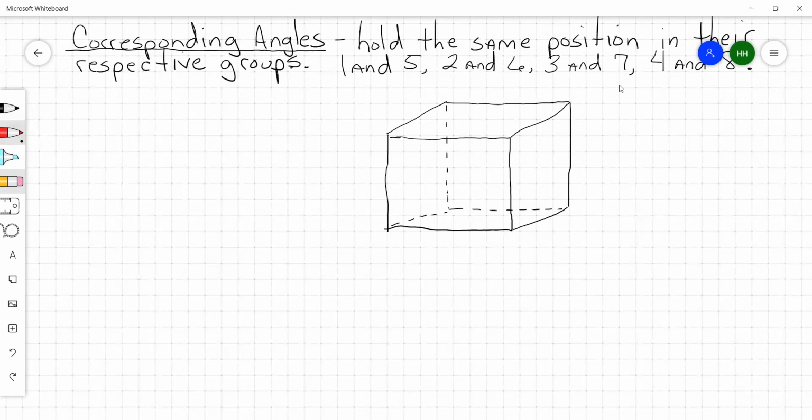We'll label all these vertices. And we're going to say identify the following.